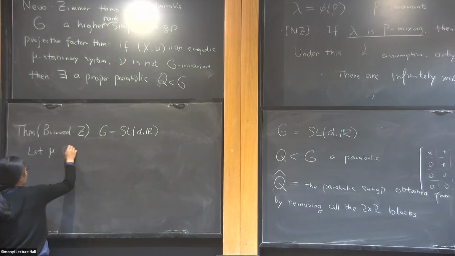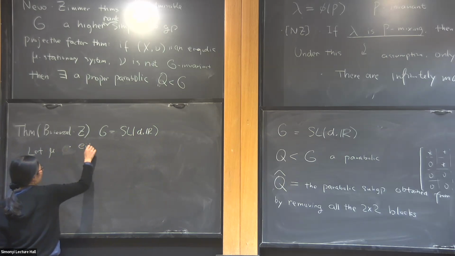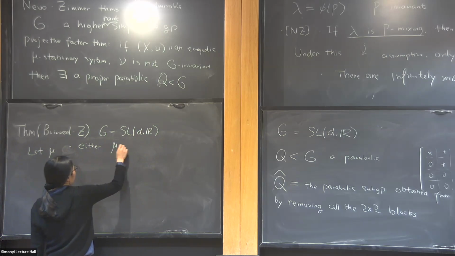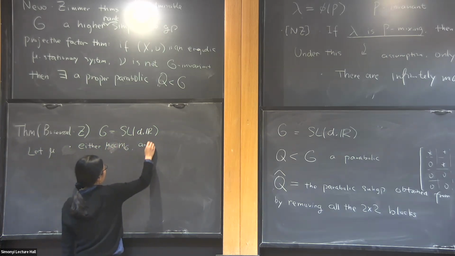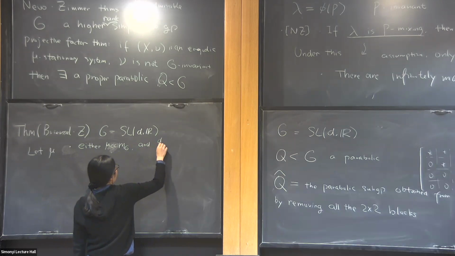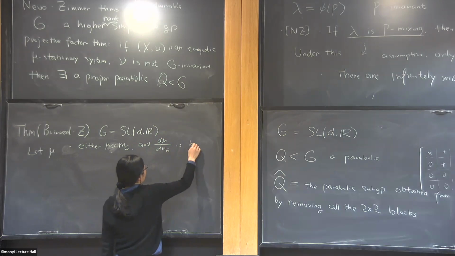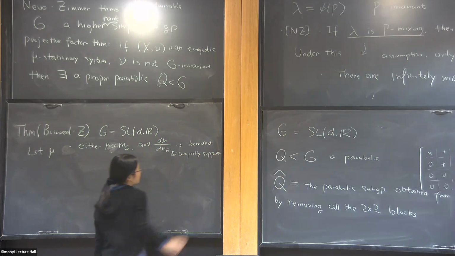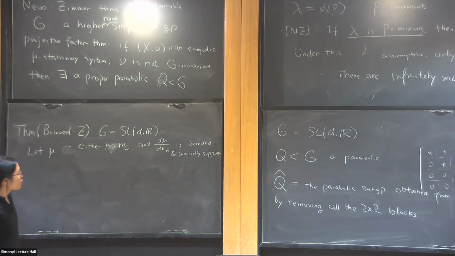We say there are two cases we can do. Either mu is in the Haar measure class, and the density is bounded and compactly supported. This is a technical assumption, so that the Radon-Nikodym derivatives on the boundary are bounded.